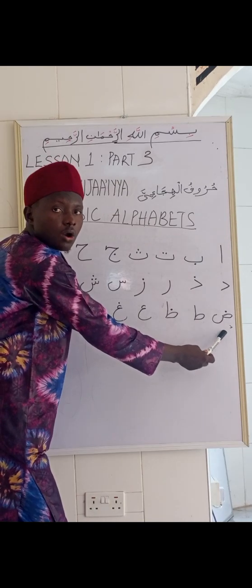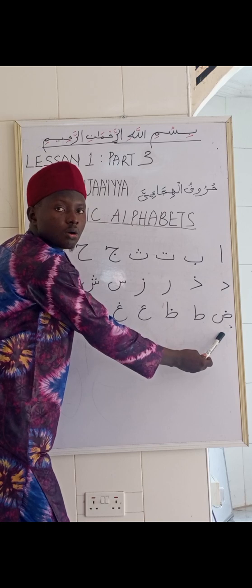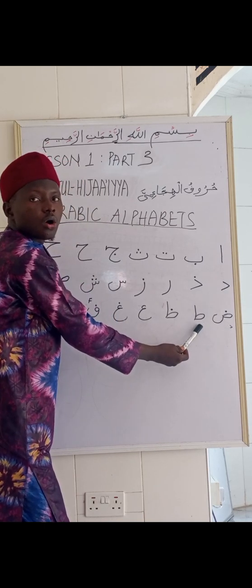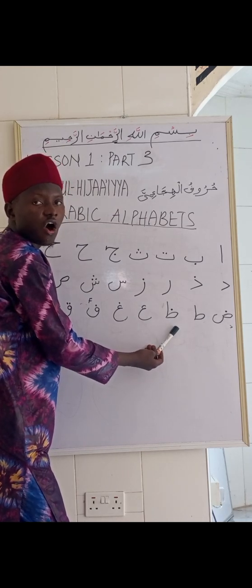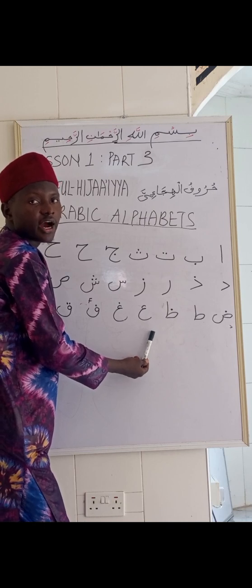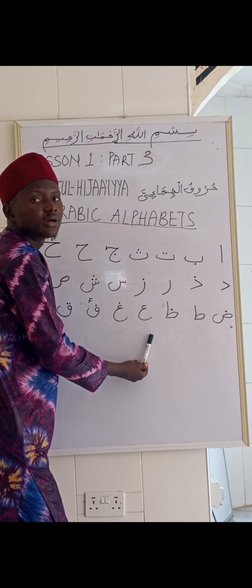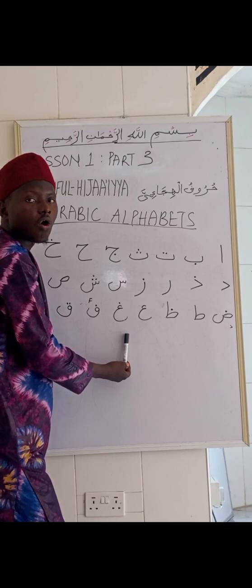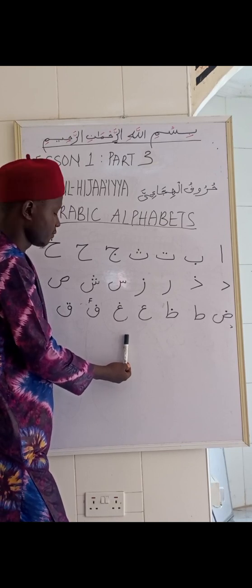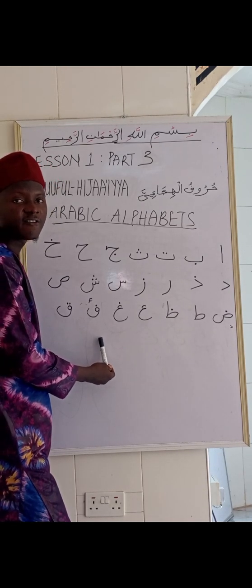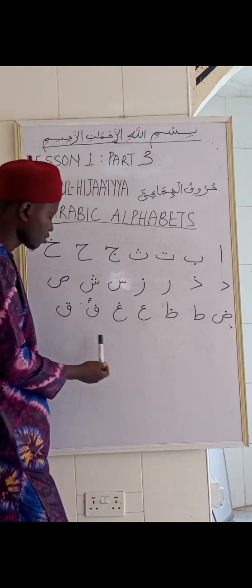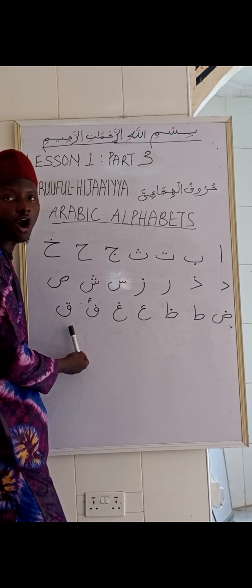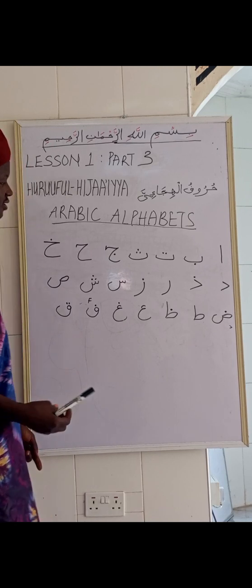So dad, ta. Fa: the upper teeth and the lower lip. Fa. Qaf. So let's sing the poem.